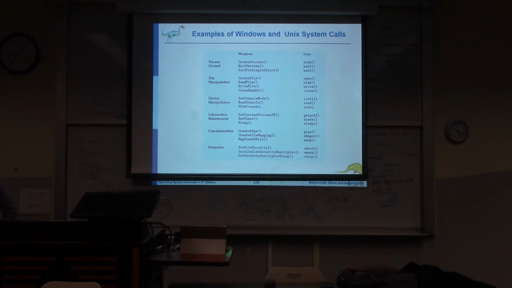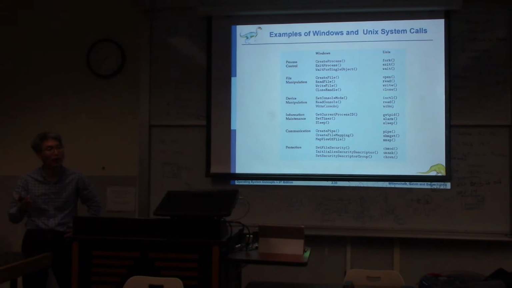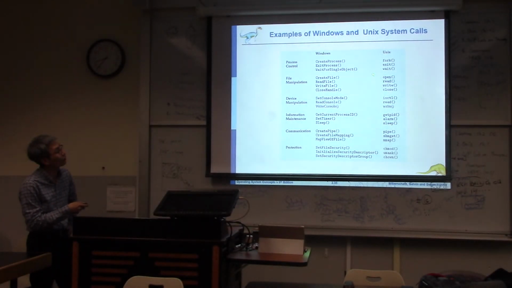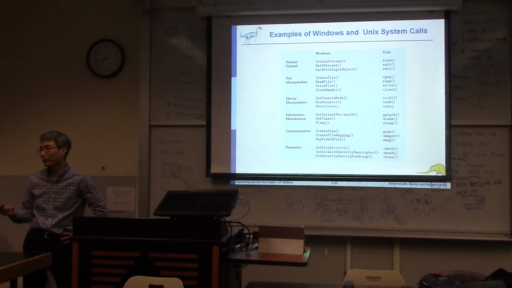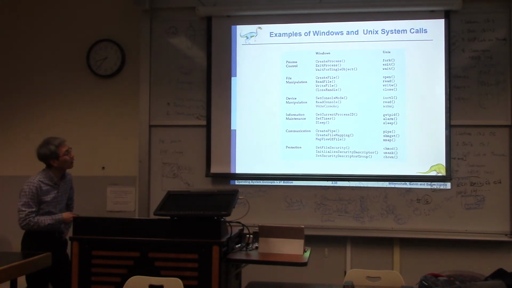In the first project, the first programming assignment, you are able to create a number of processes, then communicate. At that time, you should be able to use fork and exec, and then for the communication you need to use either pipe or shared memory, or you can implement a socket program, which means TCP/IP communication.